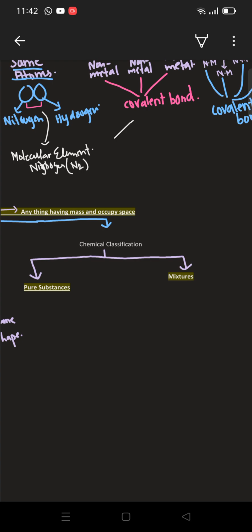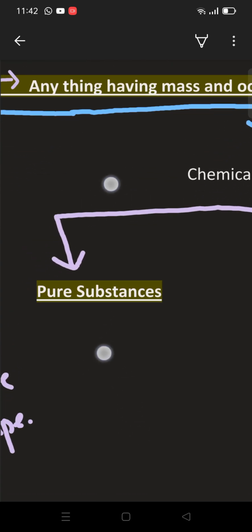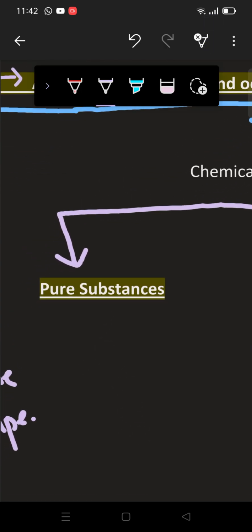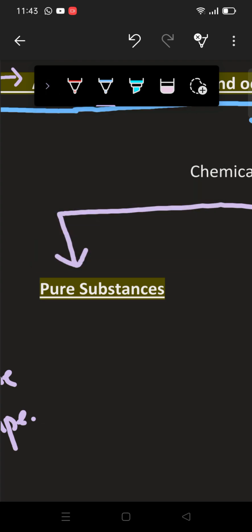So what are pure substances? Let's go with the definition of pure substances first. If you have a substance and in that substance all the constituent particles, the particles from which the substance is made, are of one type.